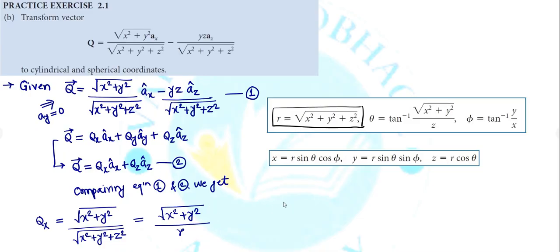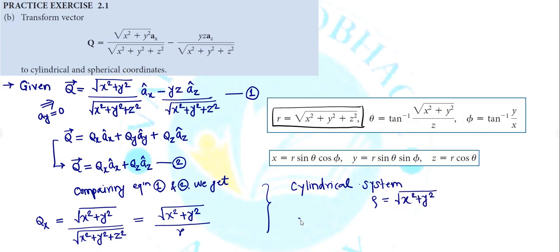So for that numerator, you can refer to the cylindrical system. Again, I am going to rewrite it for your reference. In the cylindrical system, we have rho equals square root of x square plus y square.